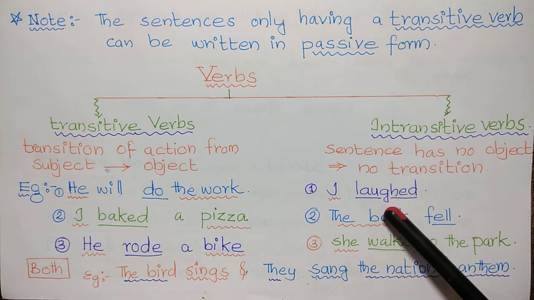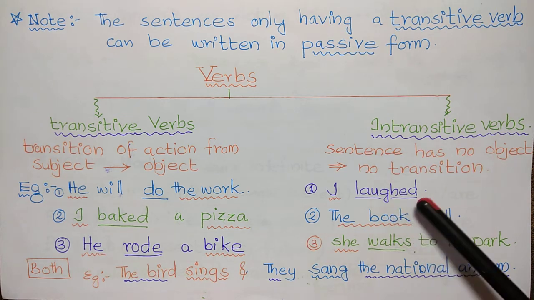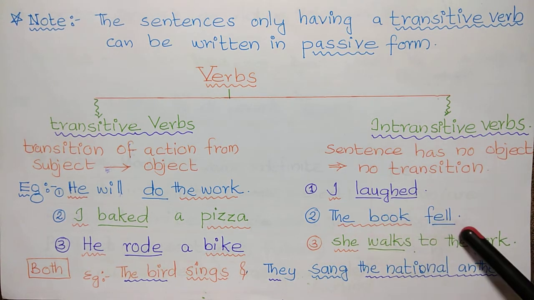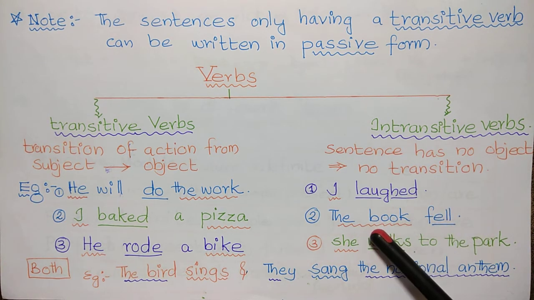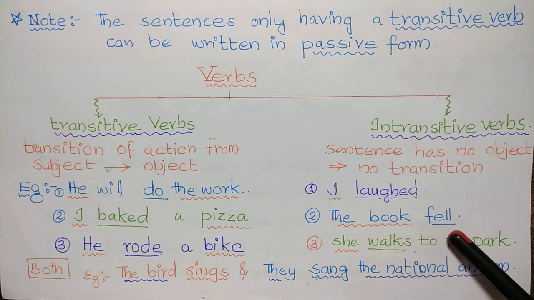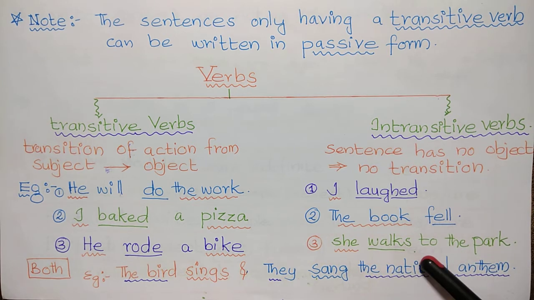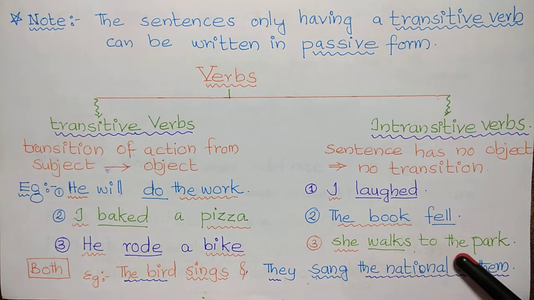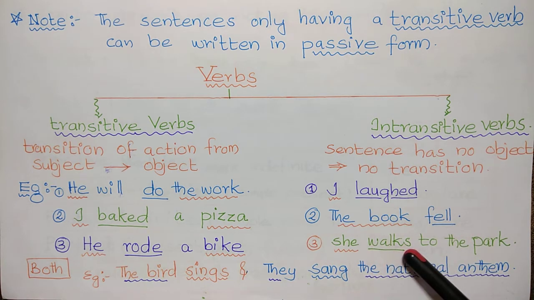So laughed is an intransitive verb. The book fell. Only the subject, the book, no object. So intransitive verb. She walks to the park. There is no object. She walks is intransitive, no transition.